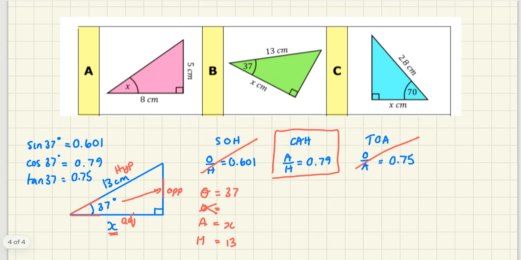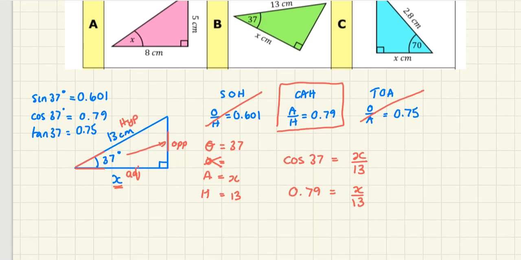So the ratio that I need is the cosine of 37 equals the adjacent side, which is x, divided by the 13. Now I know, because you've already told me, that cosine of 37 is 0.79, equals x divided by 13. So now I've just got to solve that equation.